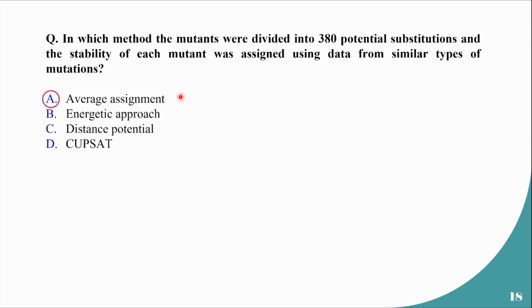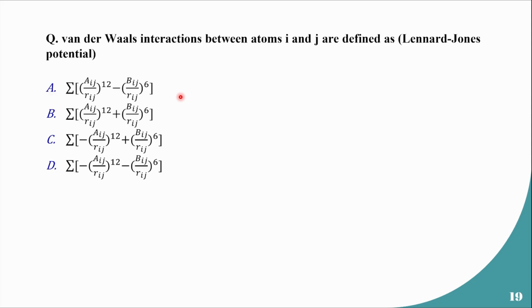Some other questions from the earlier classes, I also put them in the slide as well. While talking about different interactions that provide stability or play an important part in binding affinity, one of the interactions was van der Waals interactions, right?